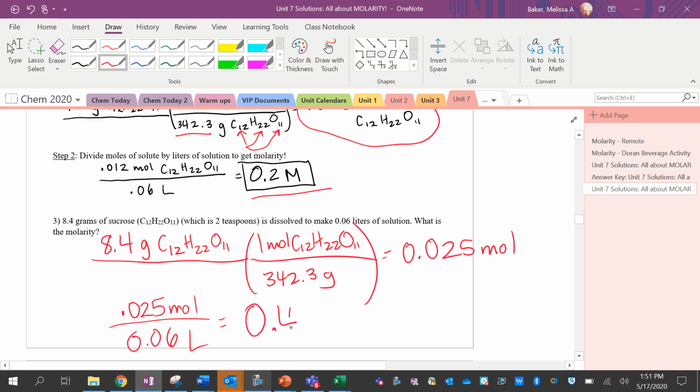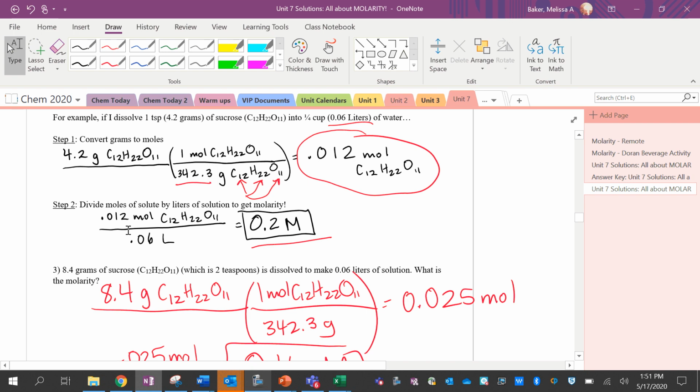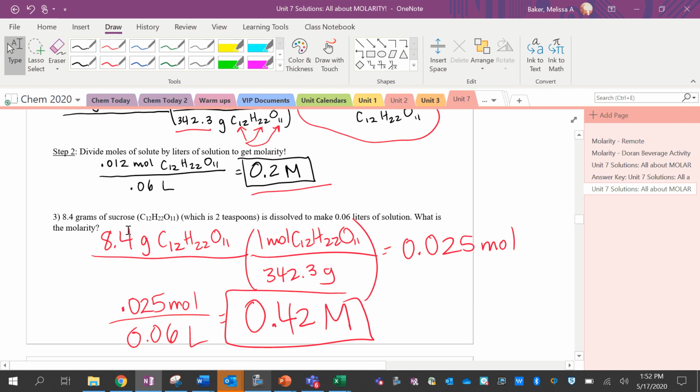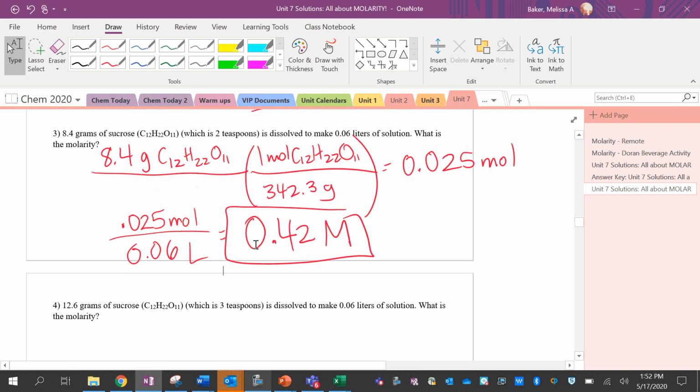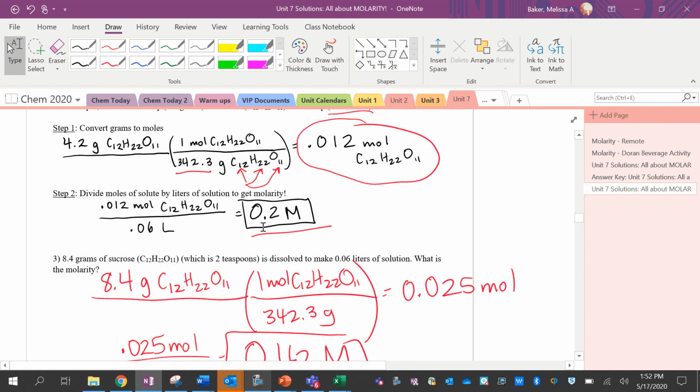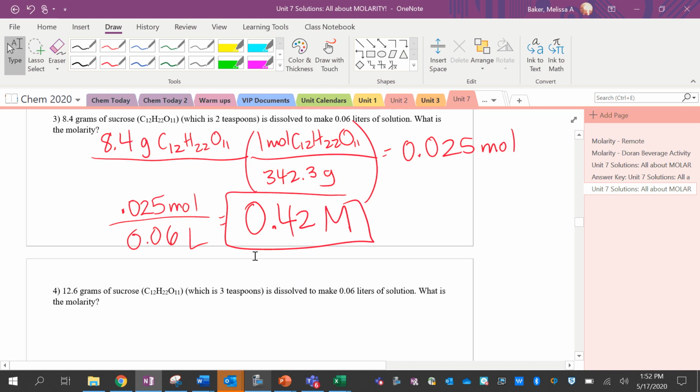It came out to be, just as we predicted, about double the answer to number 2 up here, because we had twice as much. So our concentration was about double. These are rounded slightly differently.